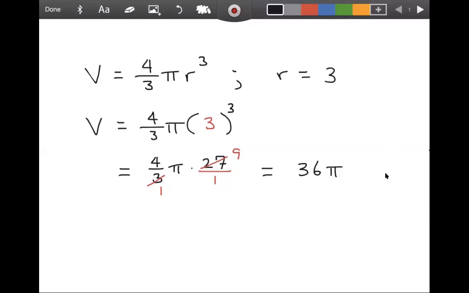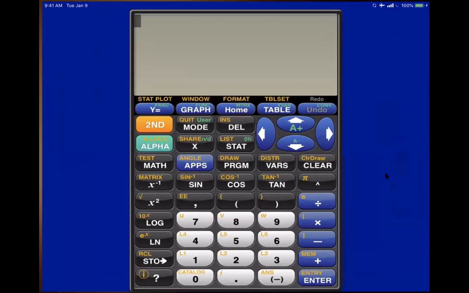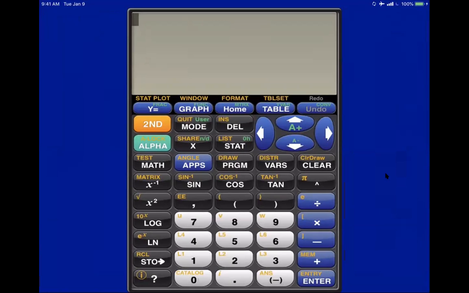Let me bring that up. Okay. So this is a graphing calculator, but what I'm about to show you will work on any scientific calculator. So I'm just going to ask the calculator, what is 36 times pi? Okay. Remember, it said to round to 1 decimal place. So this answer would round to 113.1.